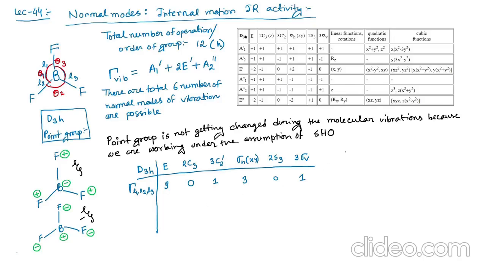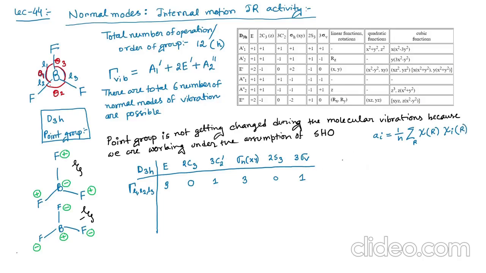If you want to find what they belong to, you remember the formula: a_i is 1 over h, sum over R of chi of the reducible representation times chi of the irreducible representation.